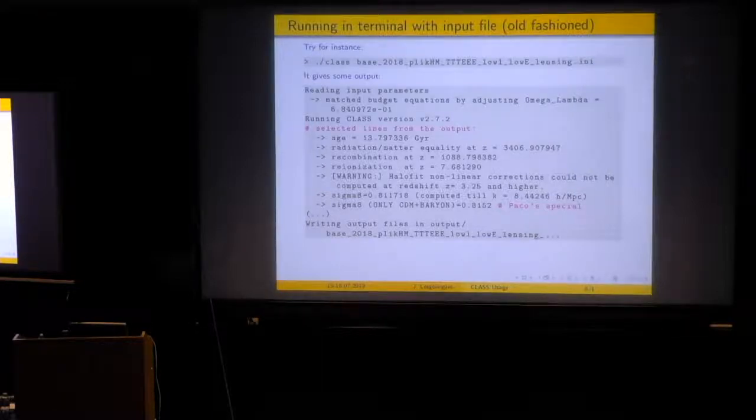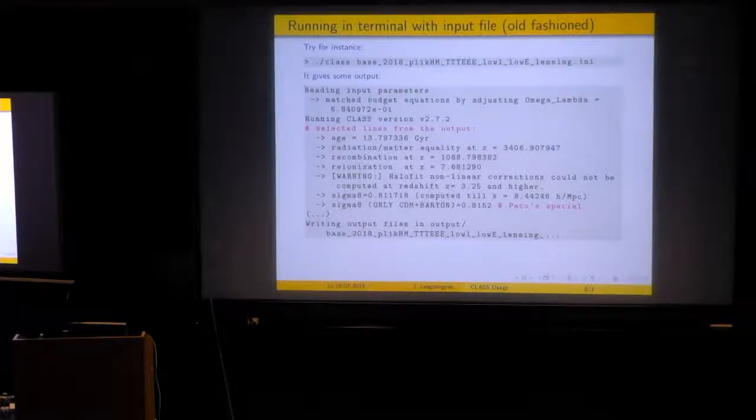So class knows this, and when you switch on a non-zero neutrino mass, it will duplicate all your output observables. You will have everything computed from total matter and everything computed from cold dark matter plus baryons. And so you have two values of sigma 8. And depending if you are doing weak lensing or galaxy clustering, you will be more interested in one or the other.